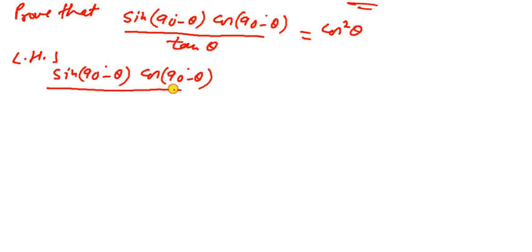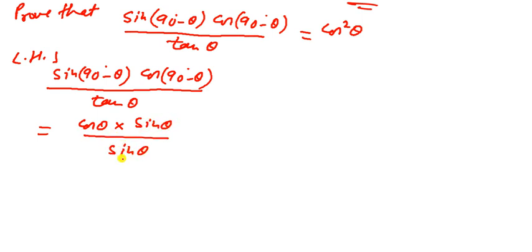Now taking the left hand side, it is sine 90 minus theta and cos 90 minus theta upon tan theta. Sine 90 minus theta is cos theta, and cos 90 minus theta is sine theta.